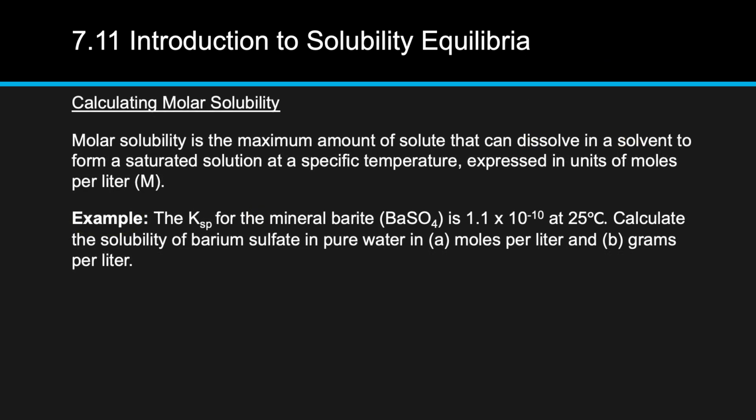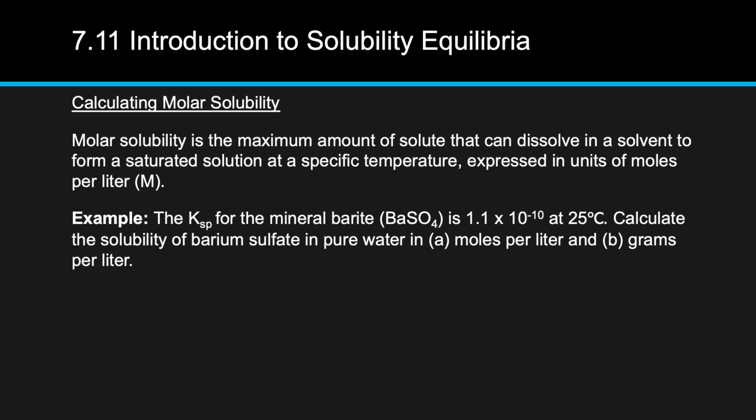All right, so now what happens when it asks you to calculate molar solubility? Because this is something that students do often get confused on. So molar solubility is the maximum amount of solute that can dissolve in a solvent to form a saturated solution at a specific temperature.